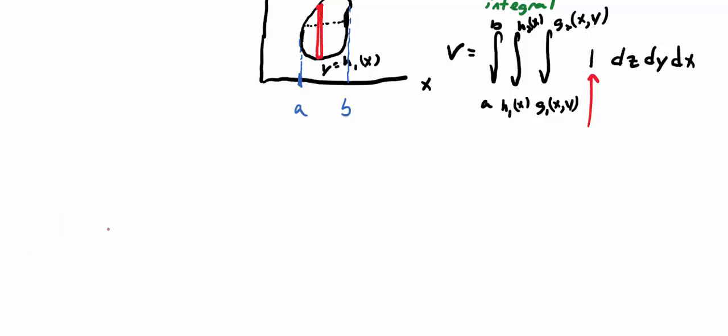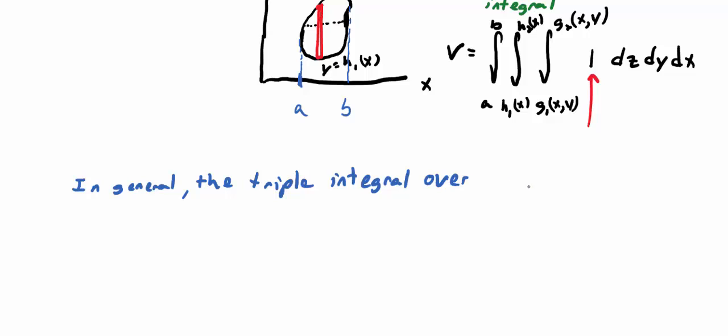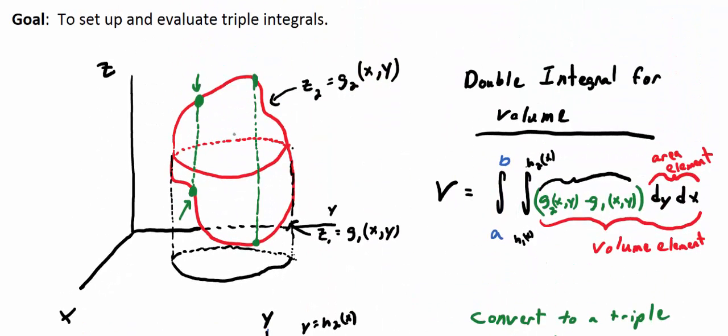Well, we could say in general then, the triple integral over a region Q, let's say. So we could think of this picture as calling it Q, right?